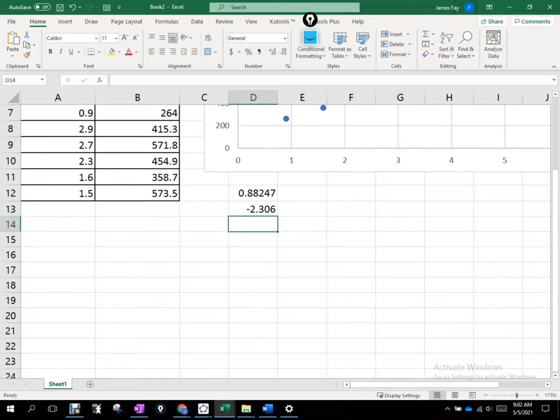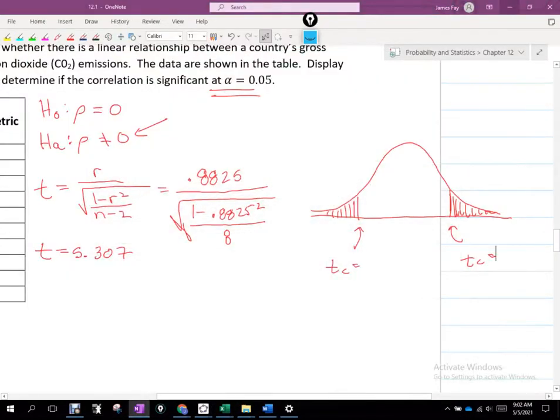And I get negative 2.306. Negative 2.306. So that's what this number here is. This number here would be positive 2.306. Okay? Where's my test statistic at? It's out here, right?